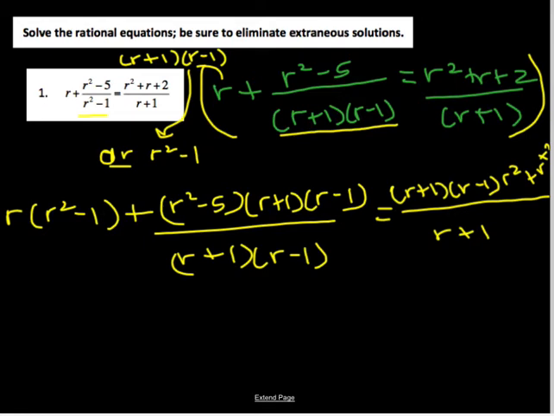Then I can go ahead and do my canceling. The r plus 1s will cancel here, and they're going to cancel here, and the r minus 1. So now all my denominators are gone. Now I'm just going to distribute and solve.